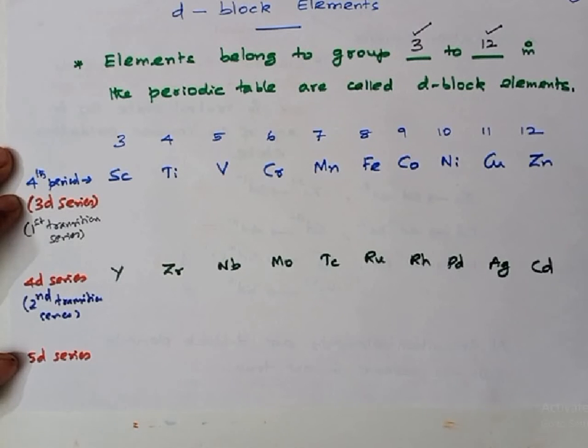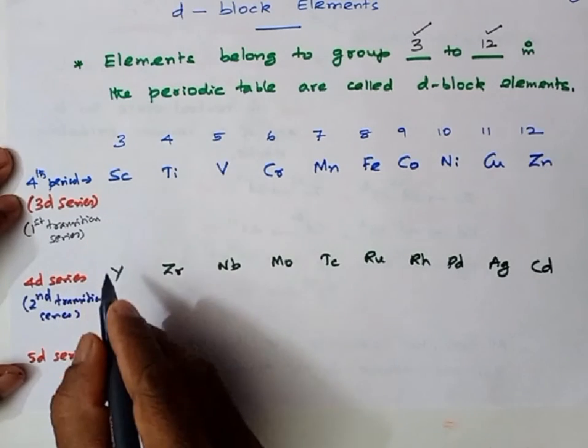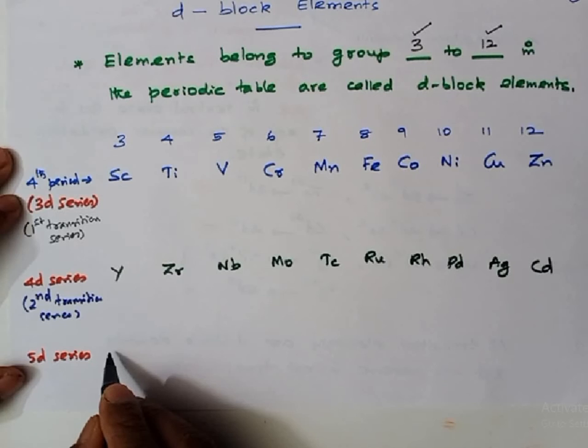What are the elements present here? The elements are scandium, yttrium, then it starts from lanthanum.